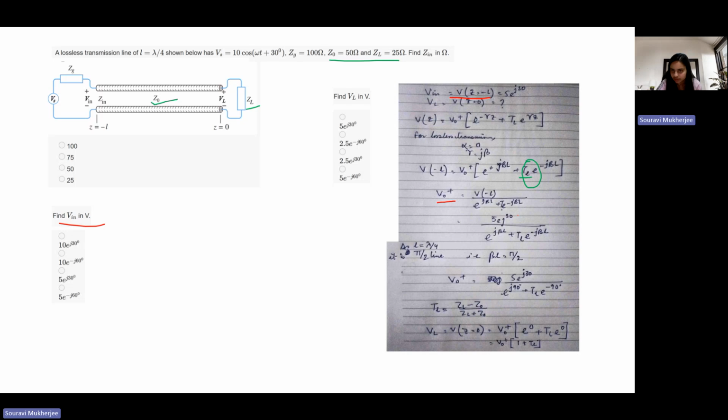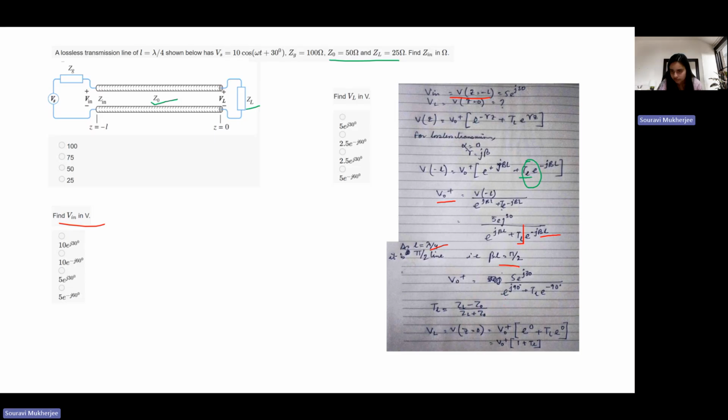That is 5e^(j30°). And then for solving this, if you want to find V naught plus, you want to find what is Gamma L, and you want to put in the value of beta L. Now you know L is lambda by 4, so that means it's a pi by 2 line. So beta L can be substituted equal to pi by 2.